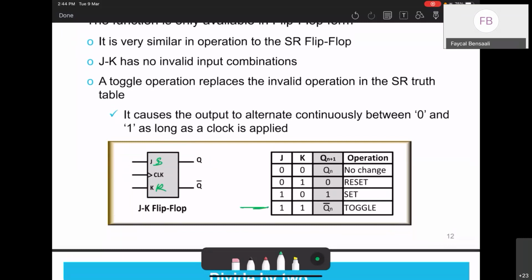But the difference is here. For SR, when both of them are 1, it's not allowed. You cannot get it. But for JK, there is an output. So I will start with 0, 0. So if J is 0, and remember we have a clock. Again, this is a flip-flop. It works either with rising edge, or falling edge, or it could be pulse trigger.